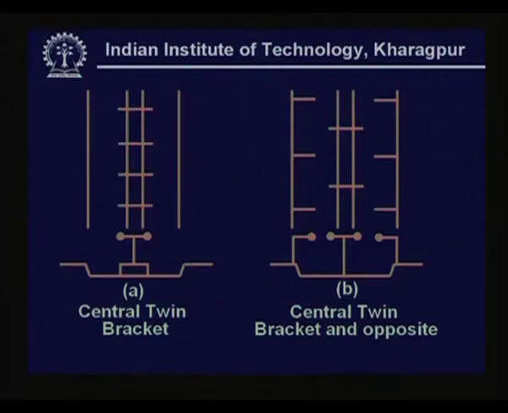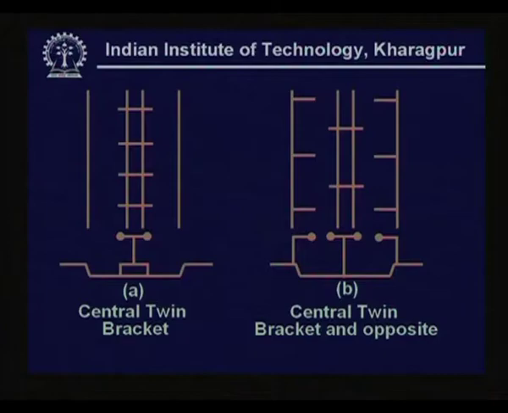Here again you have two categories. One, where each lane is narrow, you may just have twin brackets located on the separator alone. On the other hand, where the lanes themselves are wide, you have central twin bracket and opposite. Figure B shows a kind of staggered arrangement with opposite, central twin bracket and opposite arrangement.